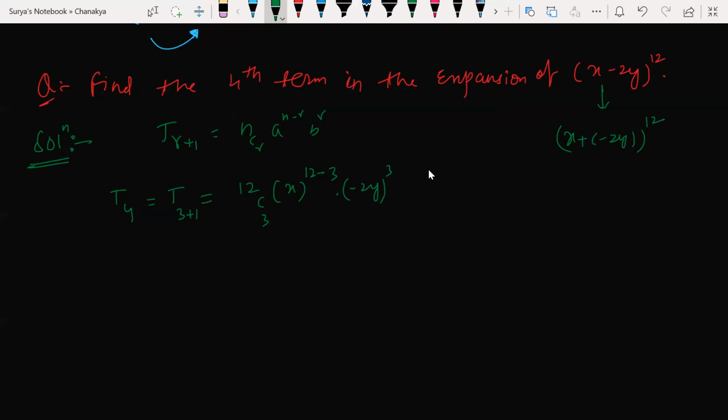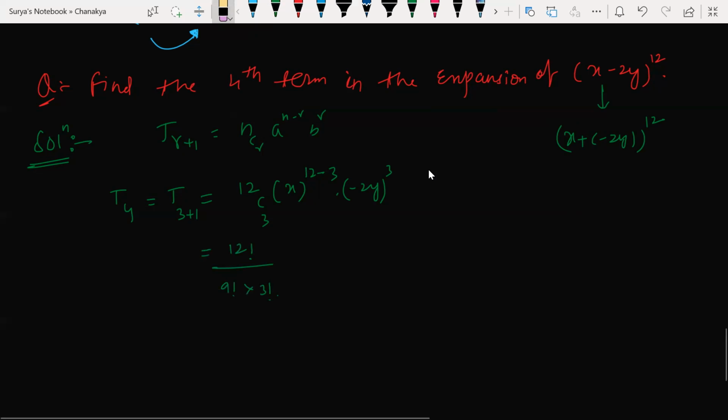Okay, so let's go with this. 12 factorial divided by 9 factorial, 12 minus 3, 9 factorial, into 3 factorial.